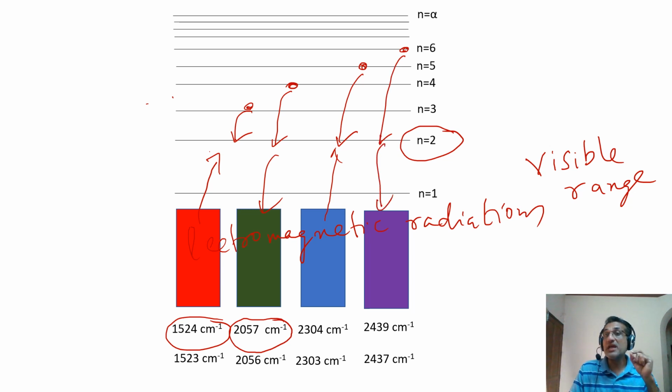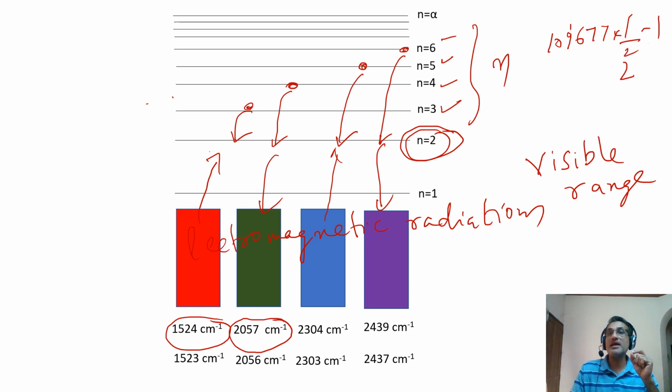We are able to give this explanation based upon Balmer's equation, because Balmer substituted the values 3, 4, 5 and 6 for n. He kept this value constant because we see that 109677 multiplied by 1 by 2 squared minus 1 by n squared. So this 2 he made constant. The value of n is substituted 3, 4, 5, 6.